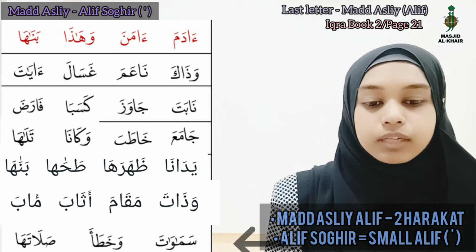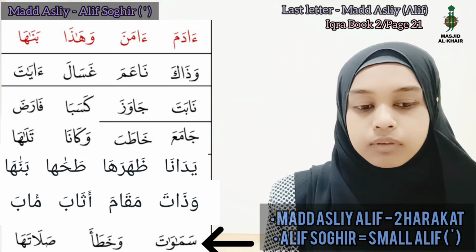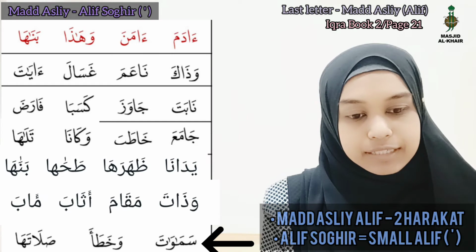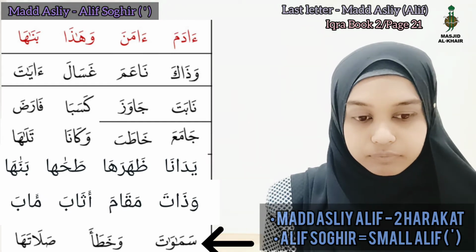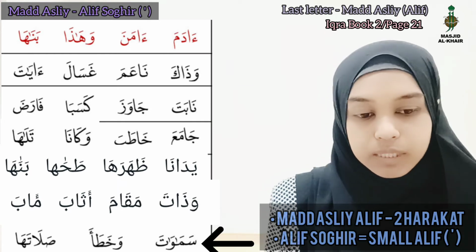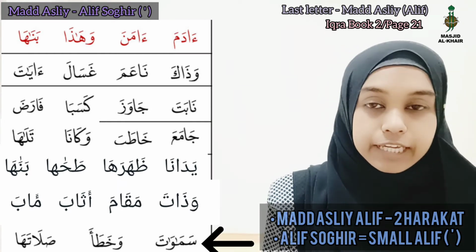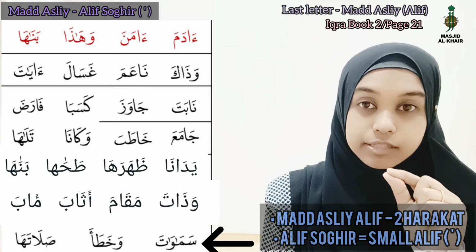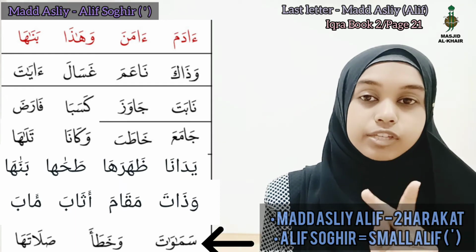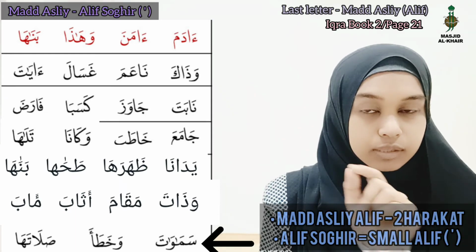Now the last one. It is quite confusing. You see the first is letter Sa. Count your strokes first. There are 4 strokes, so there are going to be 4 letters over here. The first is Sa. The second, that letter Ma that is being pinched, that's Ma, with 2 seconds. Can you see the Alif Soghir belongs to Ma, and then there's another Alif Soghir that belongs to Wa.